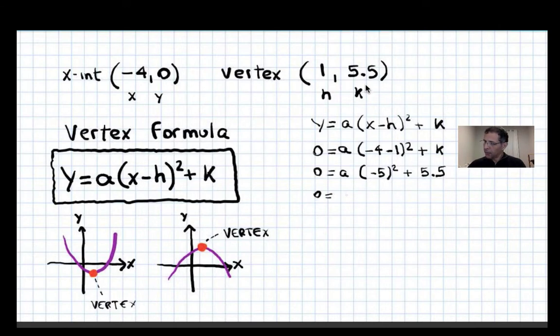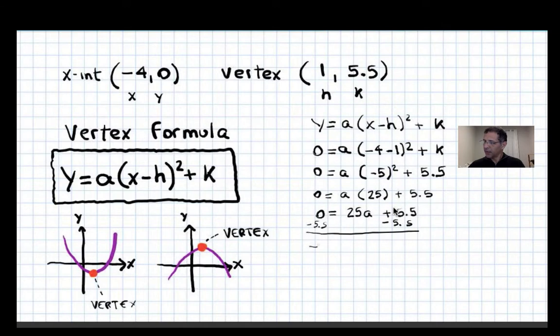0 equals a times -5 squared, which is 25, plus 5.5. So 0 equals 25a plus 5.5. Now I will subtract 5.5 from this side and 5.5 from this side.